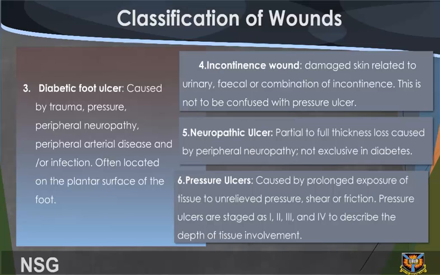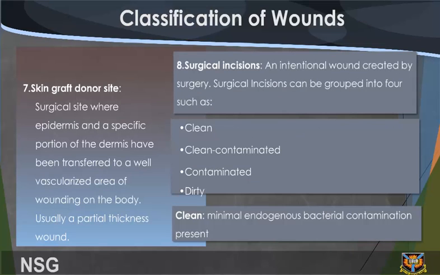6. Pressure ulcers, caused by prolonged exposure of tissue to unrelieved pressure, shear, or friction. Pressure ulcers are staged I, II, III, and IV to describe the depth of tissue involvement. 7.